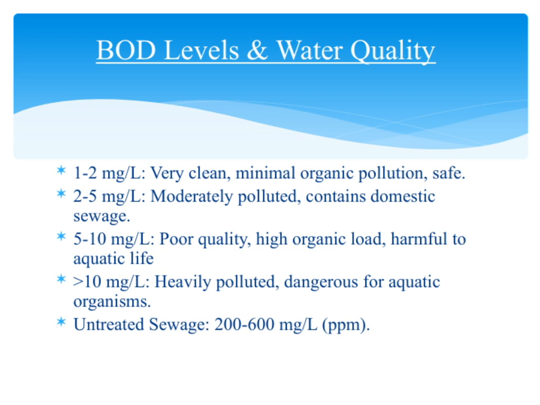As BOD levels rise to between 5 and 10 milligrams per liter, the water quality drops significantly. This range is considered poor, with a high organic load that can be harmful to aquatic organisms and disrupt ecosystems. And when BOD exceeds 10 milligrams per liter, we're looking at heavily polluted water, which becomes dangerous for aquatic life and indicates serious environmental concerns.